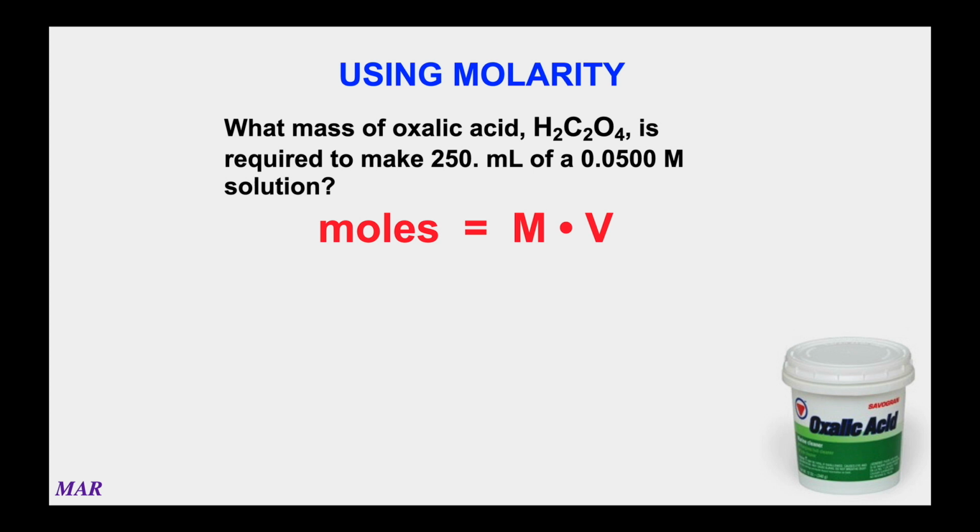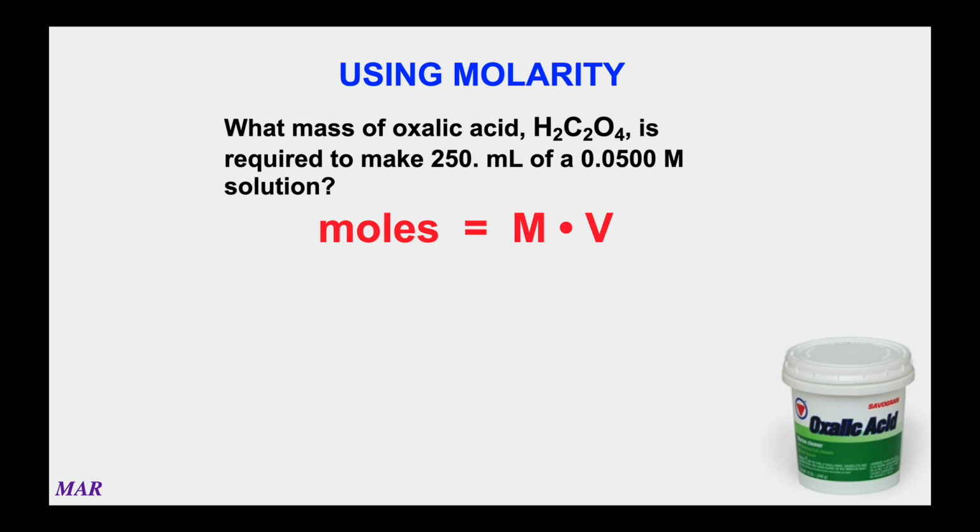Now, the way to solve this is to remember that big M is moles over liters. And if your volume V is in liters, then moles divided by liters times liters is like molarity times volume. So as long as your volume is in liters, you can multiply the molarity by the volume in liters to find the moles.